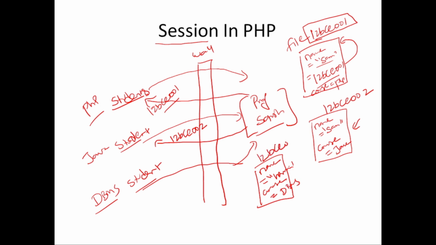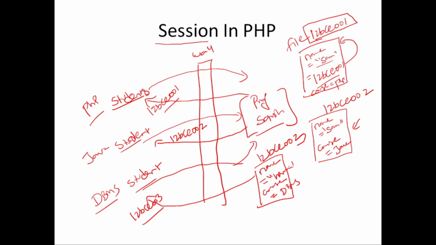Say the file name is 12BC003, and he tells the student, okay, Harini, this is your registration number, 12BC003. From now on, whenever you initiate a communication with me, first tell me your registration number. So this is how this entire scenario is maintained.